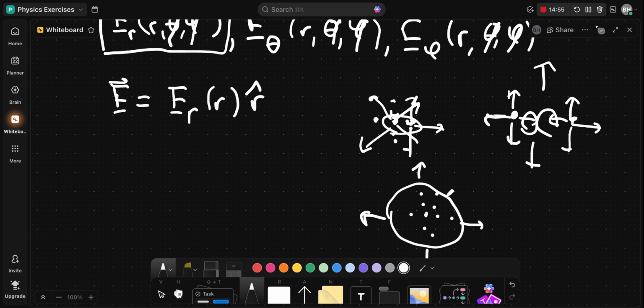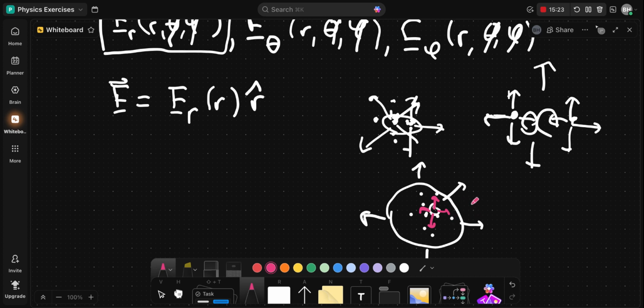Because the other components, this charge here, let me put a different color, does have electric field pointing in all directions, but the nearby charges will cancel many of those components. And that's why in the end you will get an electric field which points radially outwards.